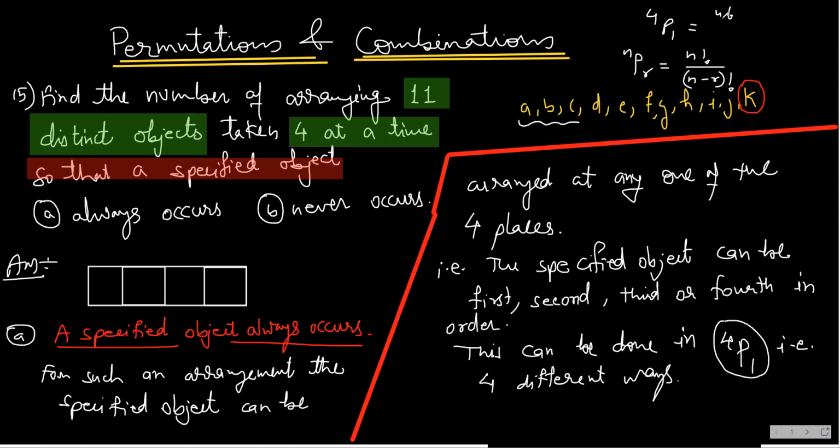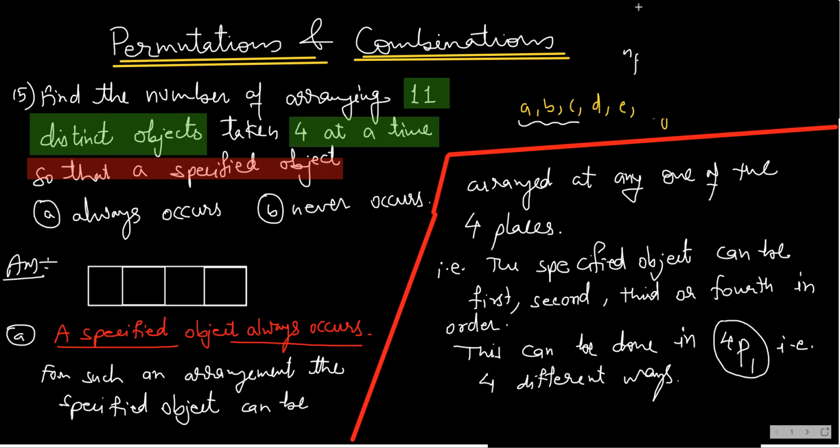So this is 4 factorial upon 4 minus 1, that is 3 factorial. Now I can write 4 factorial as 4 into 3 factorial upon 3 factorial. See how much you are getting? You are getting 4. 4P1 is 4. This is one way of writing 4P1 as 4.